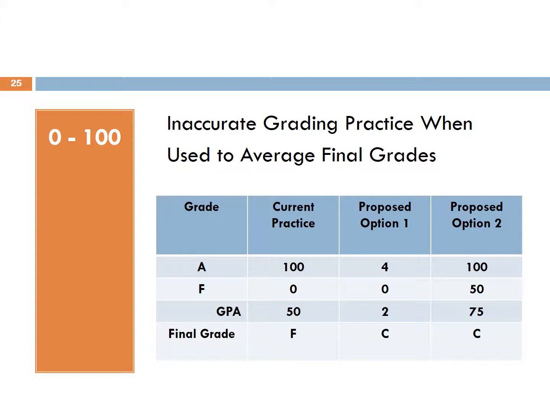A equals 4 points, F equals 0 for a GPA of 2 and a final grade of C. Proposed option 2, our 50 to 100 point scale, has A equals 100 and F equals 50, the lowest F possible in this scale because F equals 50 to 59 points, for a total of 150 points divided by 2 gives a GPA of 75, a final grade of C.